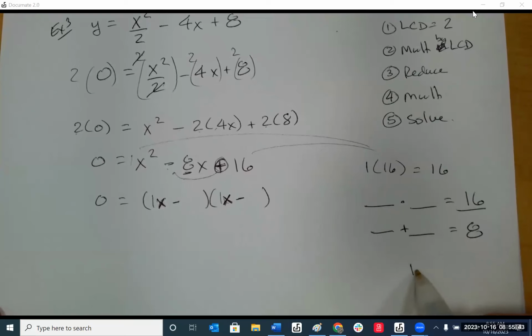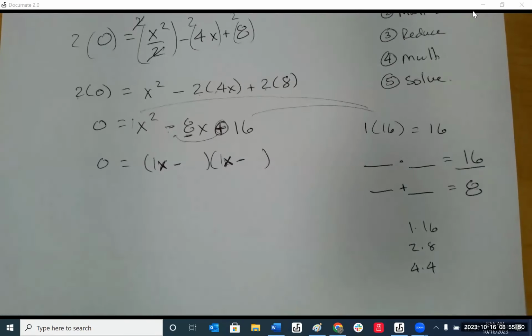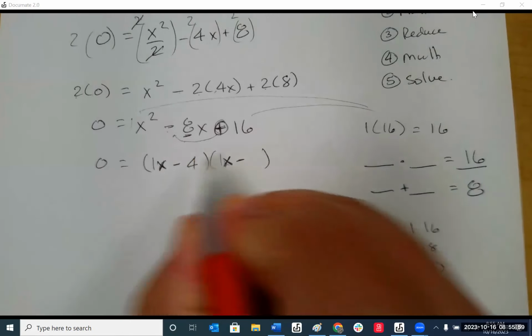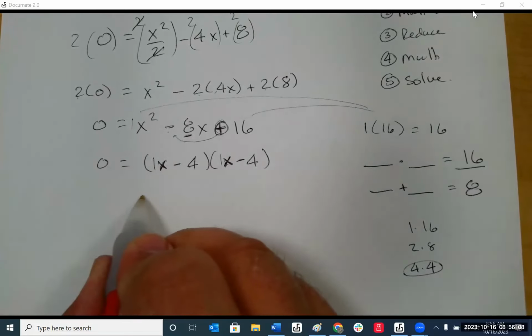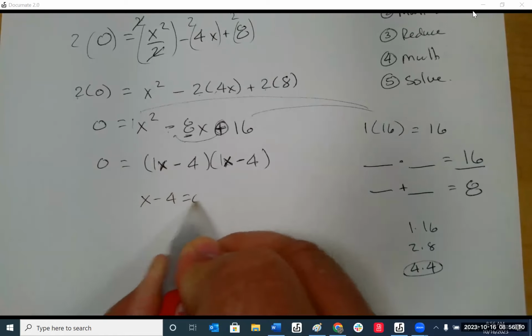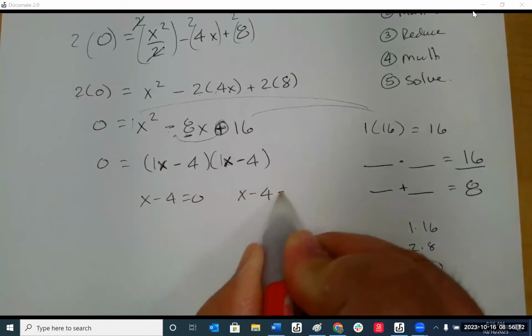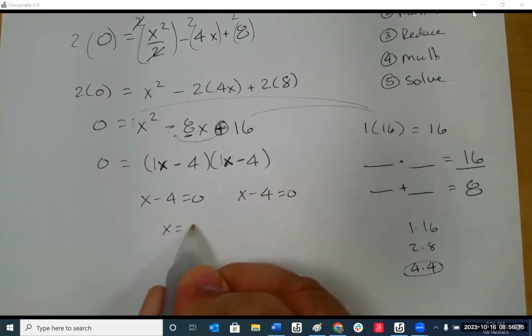We have 1 times 16, 2 times 8, 4 times 4, and that's it. So which two together add to give you 8? 4 and 4. Since it's equal to 0, set them both equal to 0 and solve.